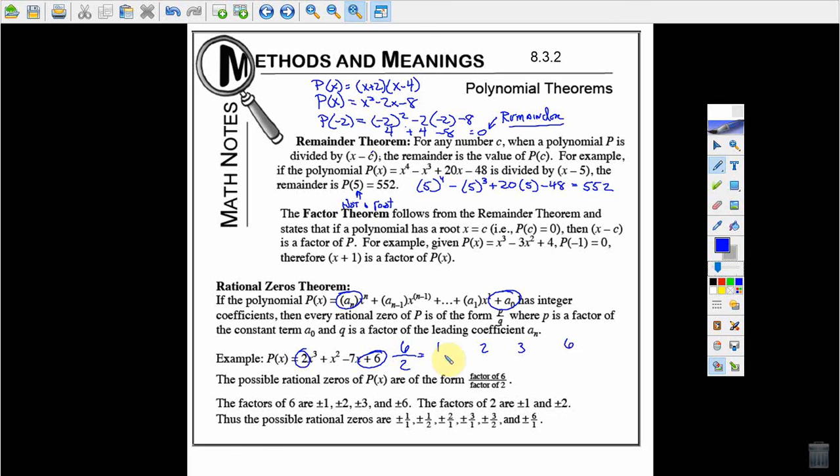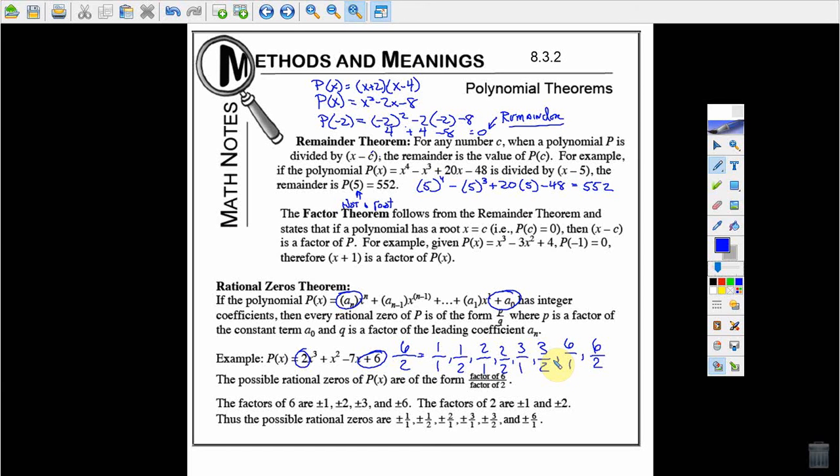Factors of 2 include 2 and 1. So I'm going to take all of these and put them over 1, and then I'm going to take all of them and put them over 2. And those are my potential roots for that polynomial.